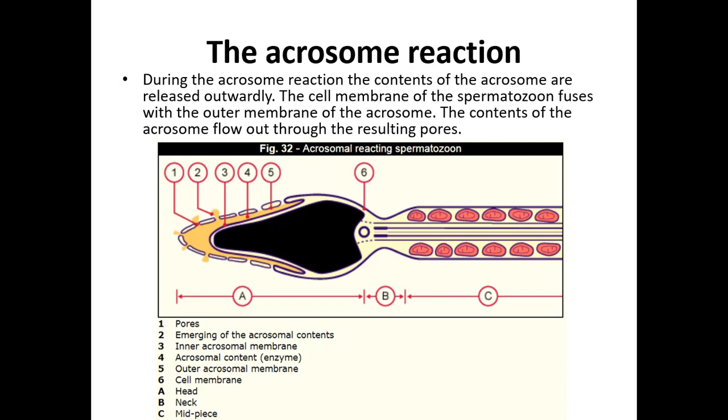When they get in contact with the zona pellucida, this part of the cytoplasm dissolves, and all the acrosomal enzymes drill through the zona pellucida of the ovum, and finally we have a chance for the head of the sperm to enter inside the cavity surrounded by the zona pellucida.